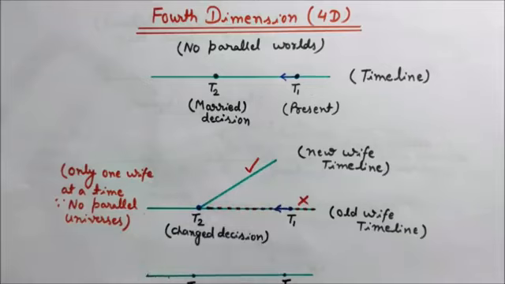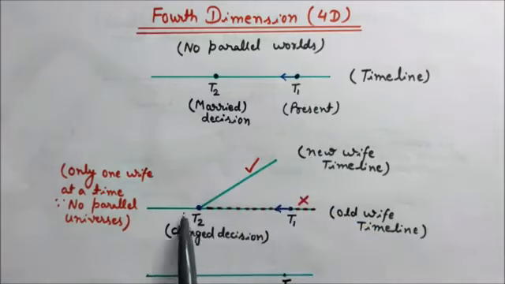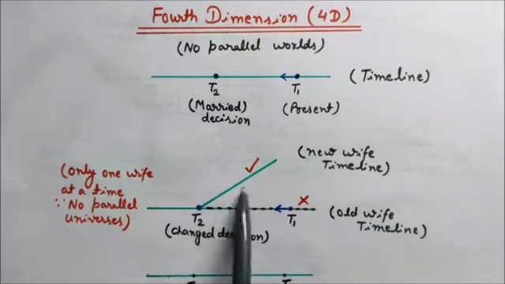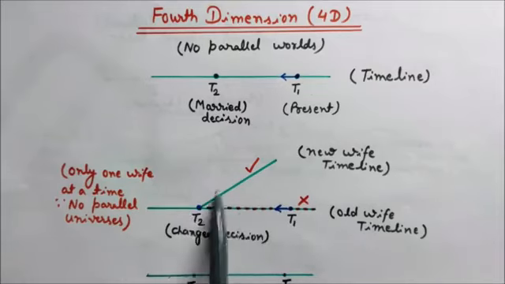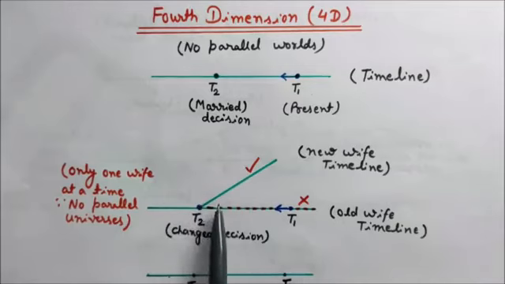But one thing you should notice here is that since no parallel worlds exist in the fourth dimension, we can live with only one wife at a time. It means we cannot have two wives, or two separate worlds where we are living with two wives. Okay, if we change the decision of marrying a girl, then this life will be over.